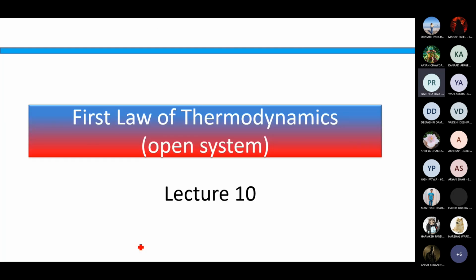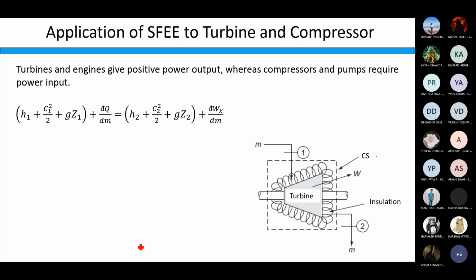Yes, sir. Fine. Next, application of the steady flow energy equation to devices like the turbine and compressor. We are going to talk about four devices here: turbines, engines, compressors, and pumps. The first two devices, turbine and engine, are power producing devices, so there you will get work output.